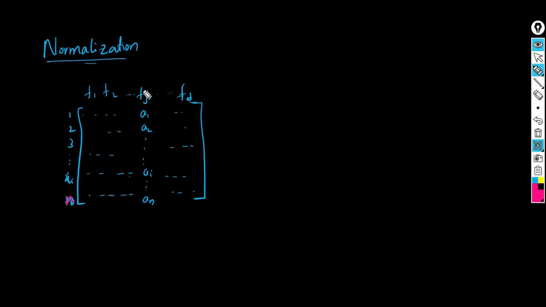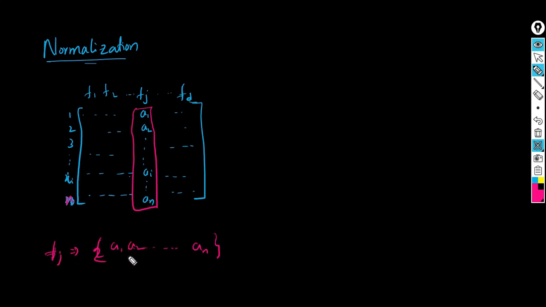We will do only column normalization, we won't do row normalization. Let's rewrite this: the fj feature contains these values.